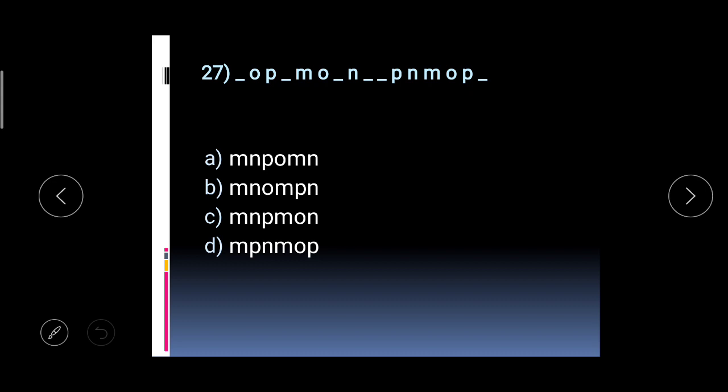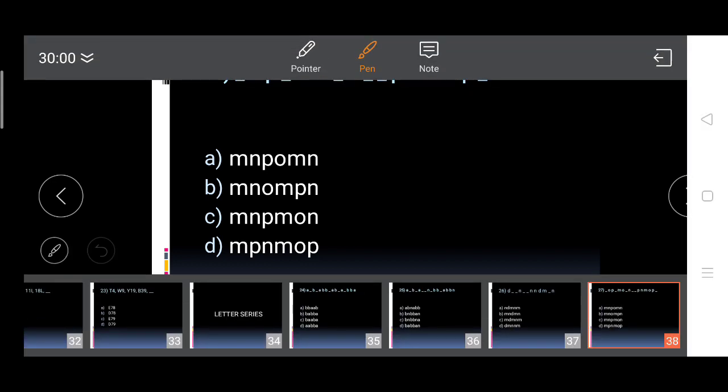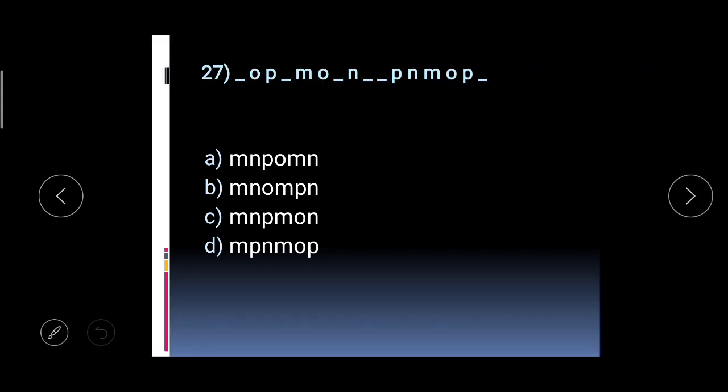Let's see. 1 2 3, 1 2 3, 1 2, 1 2 3 4 5 6 7 8 9 10 11 12 13 14 15 16. Again 16. If you want, you can go for 2 into 8, or you can go for 4 into 4 also.